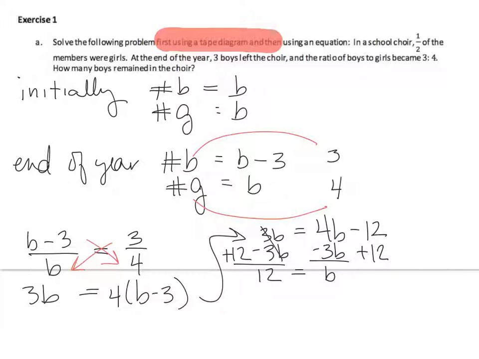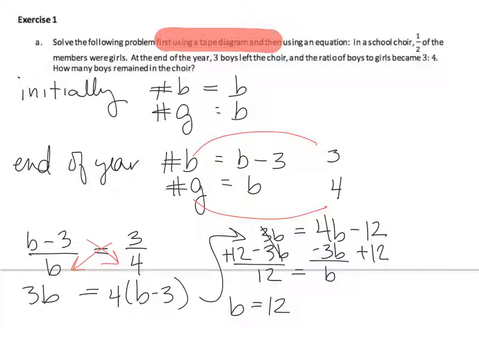So B equals 12. So the number of boys is 12 at the end of the year, which means, just B equals 12. Duh. You go back to the beginning.